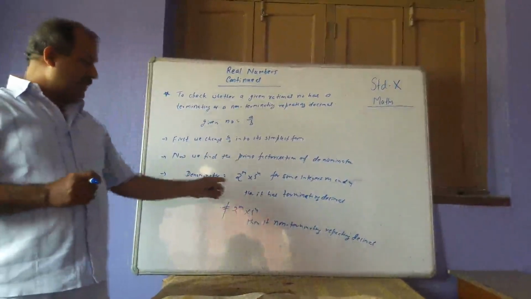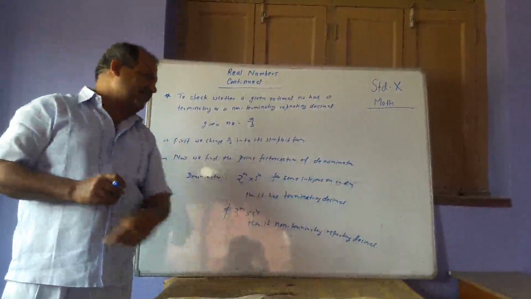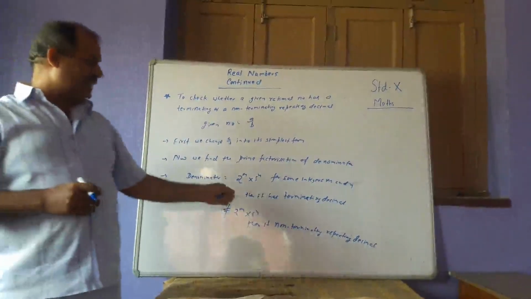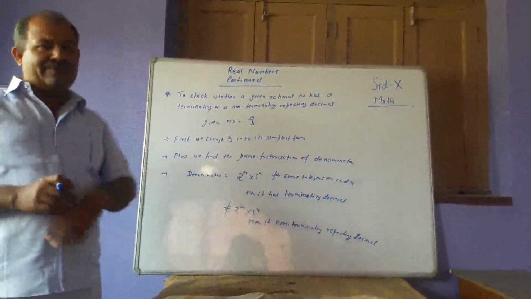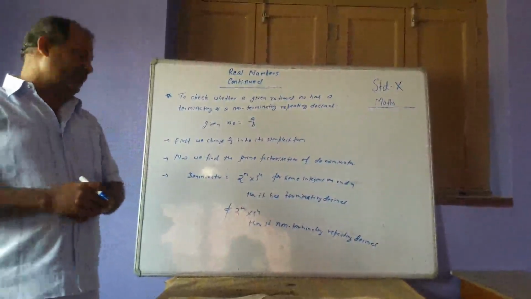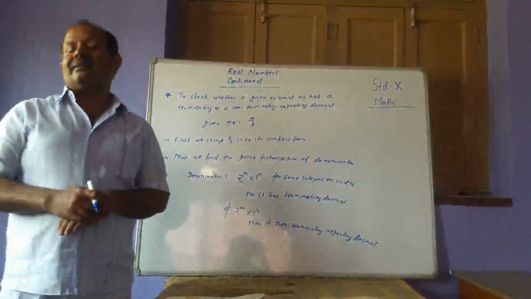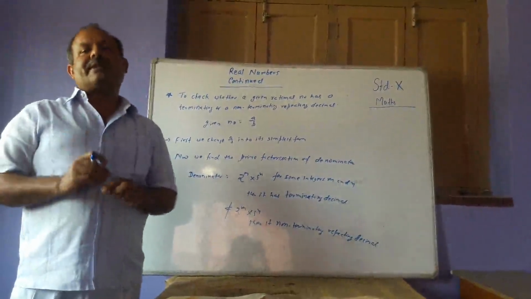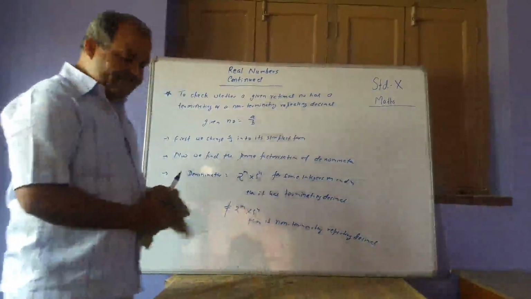If the denominator is of the form 2 to the power m into 5 to the power n for some integers m and n, then it has a terminating decimal. And if it is not of that form, then it is a non-terminating repeating decimal. It will become more clear with some examples.